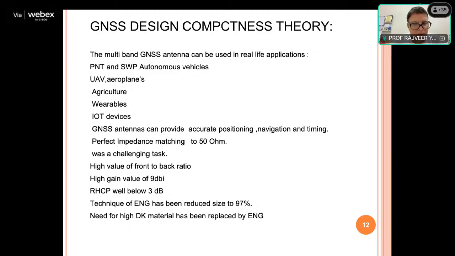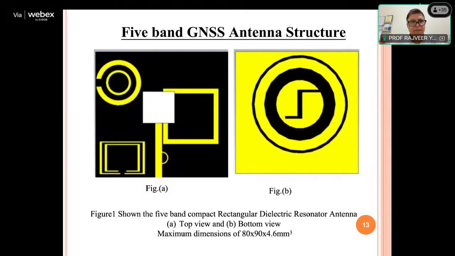You can just think, the need for high dielectric constant or high dielectric material has been totally eradicated by this FSS structure. So that is a great achievement in this particular design.